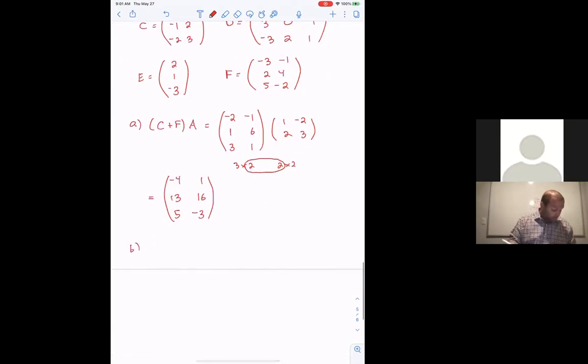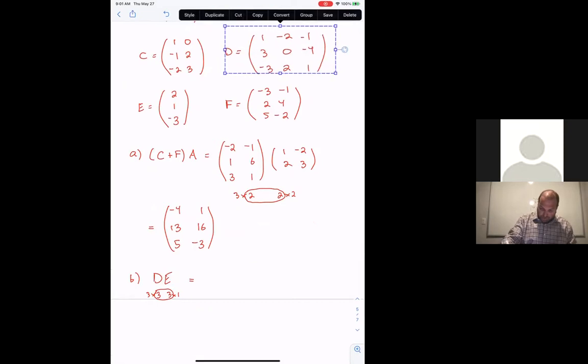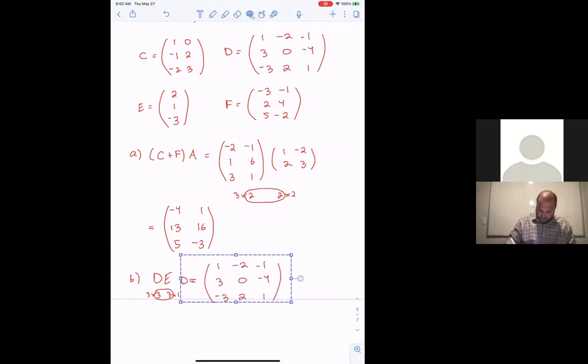Part B. DE. Well, let's take a look. D is 3 by 3. E is 3 by 1. Numbers on the inside match, so I'm allowed to do it. And so let's go ahead and do it. I'm going to copy D and duplicate it and bring it down here.